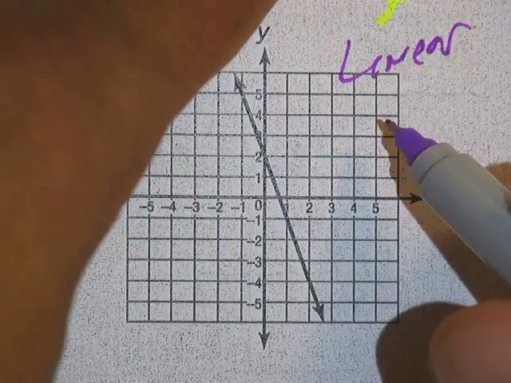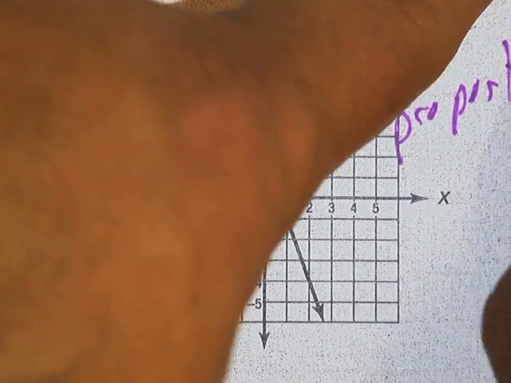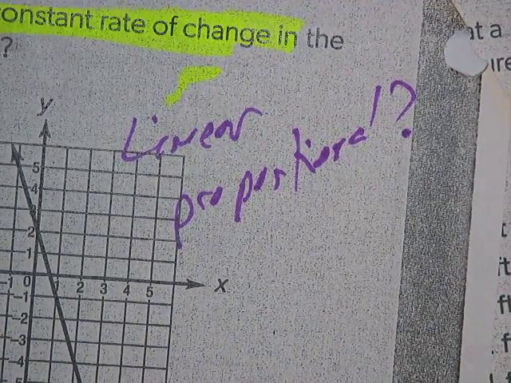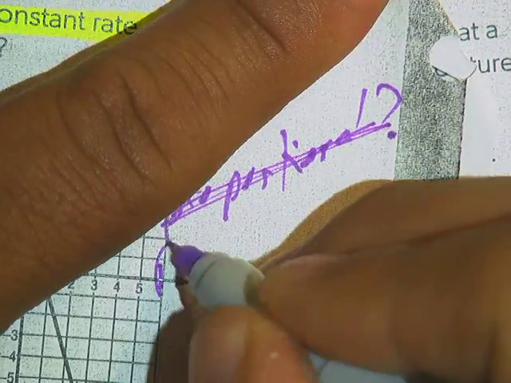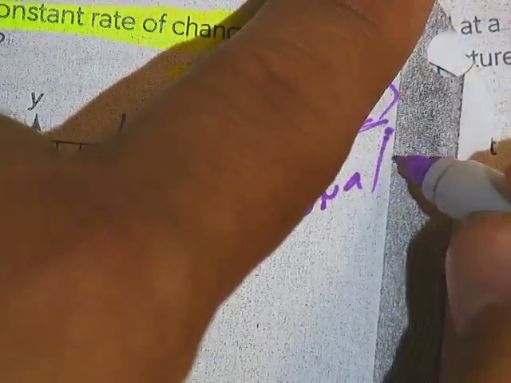Okay, look at the next one there, number 7. What is the constant rate of change? It's telling you the constant rate of change. First of all, look, this is linear. Is it proportional?